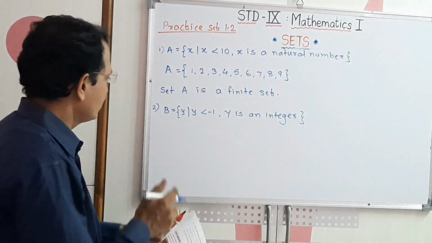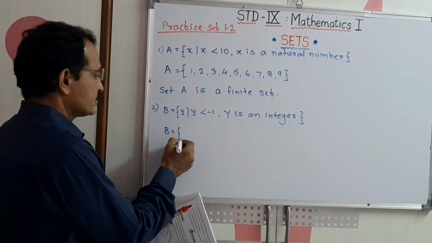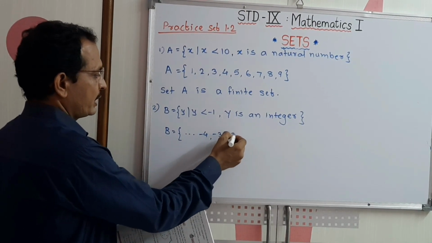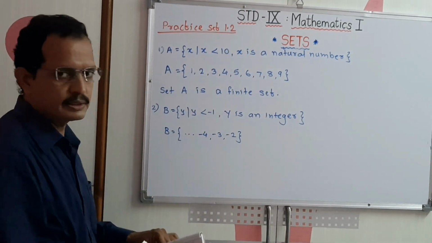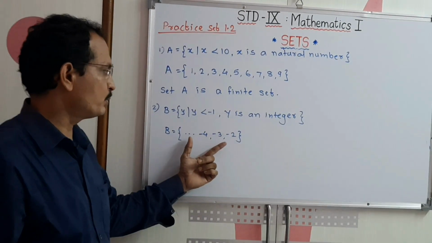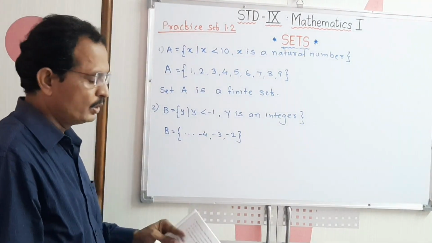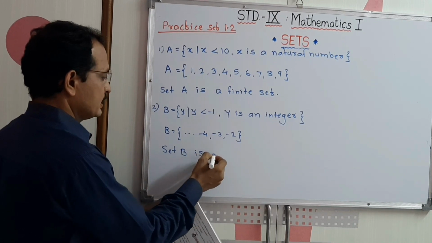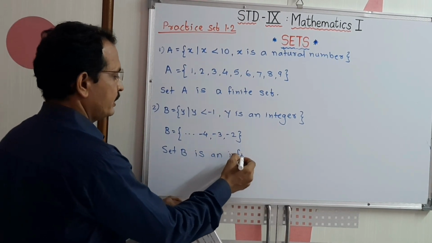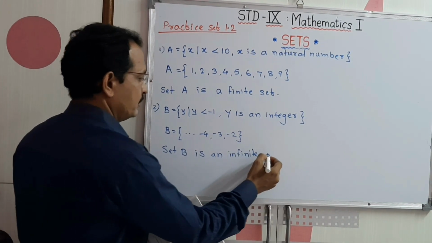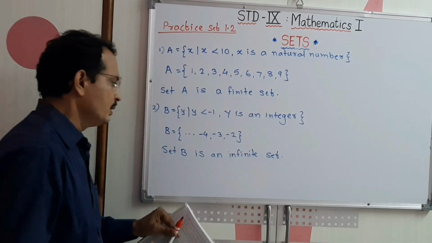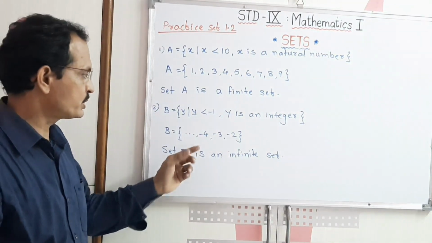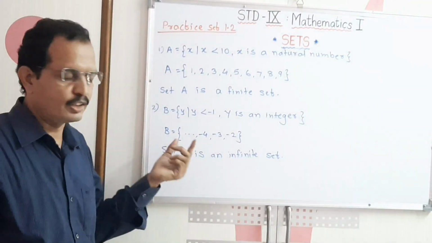All of you know that integers here we can write -4, -3, -2 like this. This set consists of an infinite number of elements. Therefore, we can say that set B is an infinite set. Remember, when we write an infinite set, we have to put exactly 3 dots.